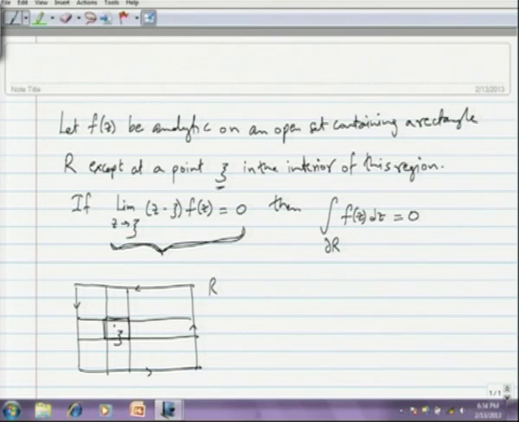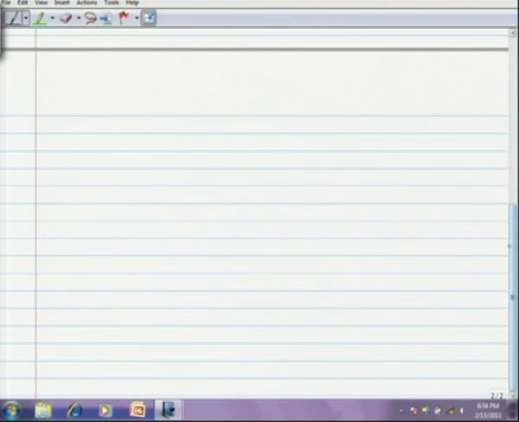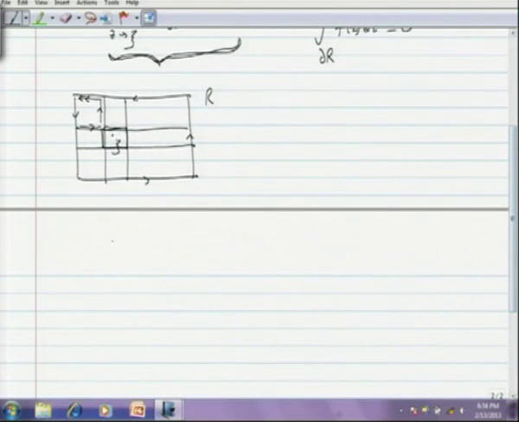So, dou R is the boundary of R in the positive direction. And using Cauchy's theorem that we just proved, on any of these rectangles R1, R2, etc., I will be a little informal about this, I will just say that on the boundary of any of the R i's, the integration of f of z dz is equal to 0.